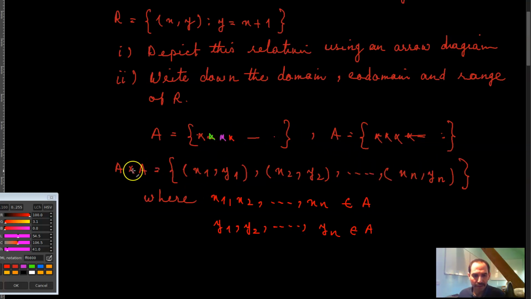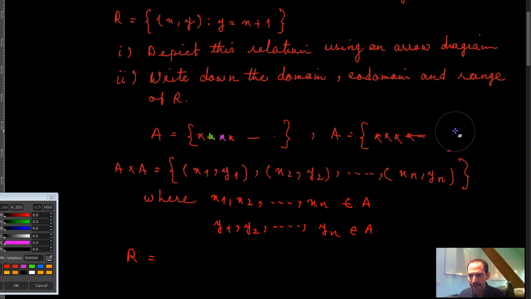So that is basically a relation from A to A. Now, that is the Cartesian product of the set A and A. A relation R would be a subset of this set based on some rule, meaning that I'm saying here that R is all such ordered pairs x and y such that y is equal to x plus 1.